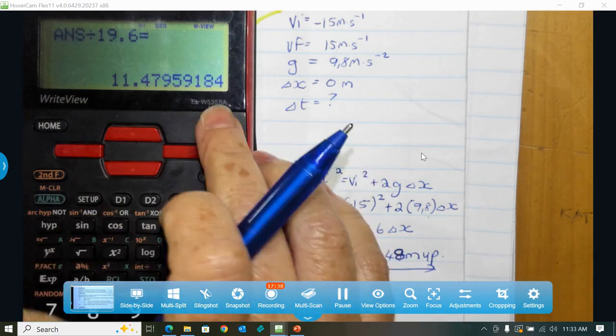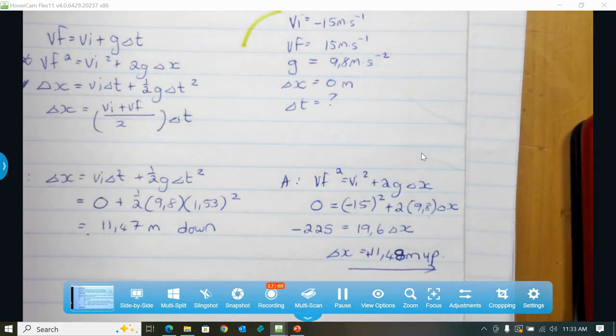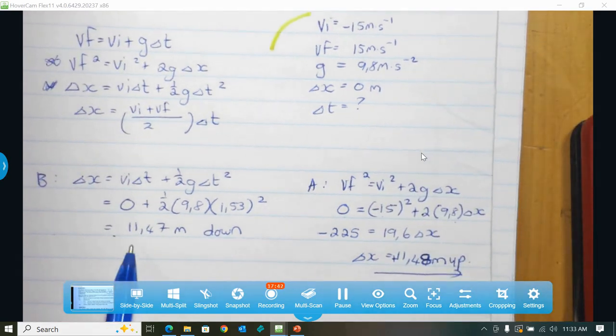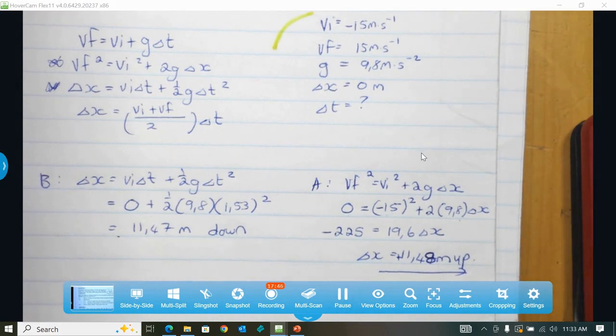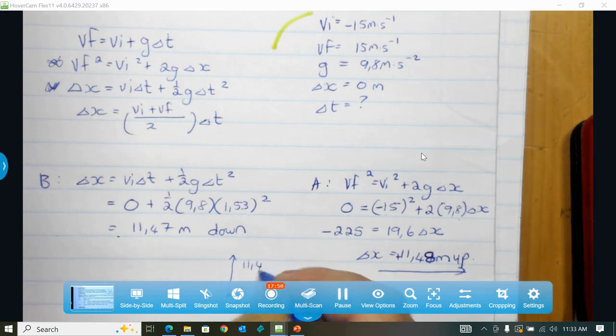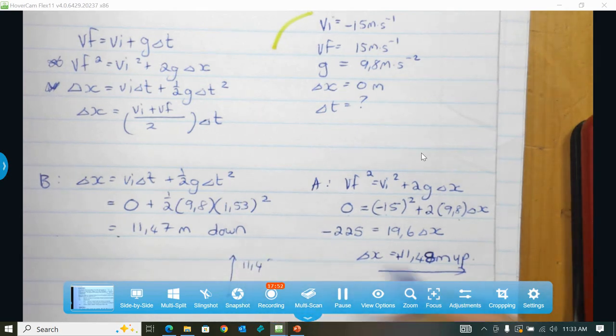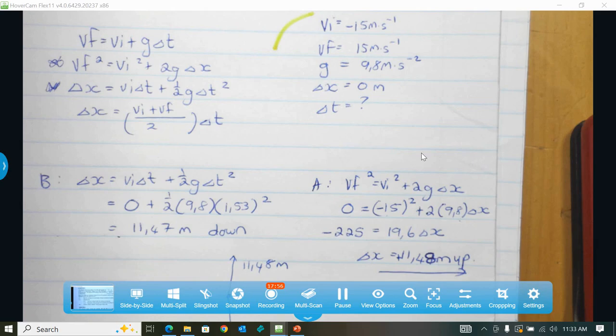That's what happened. Now, even though one answer is positive and one answer is negative, you don't go and subtract them. Because what's the distance? One went 11.48 meters up. One went 11.47 meters down.